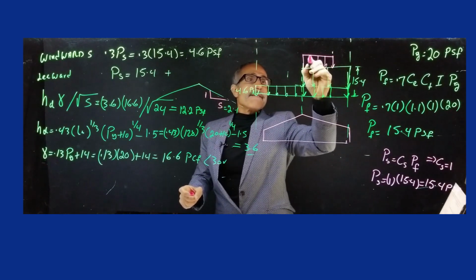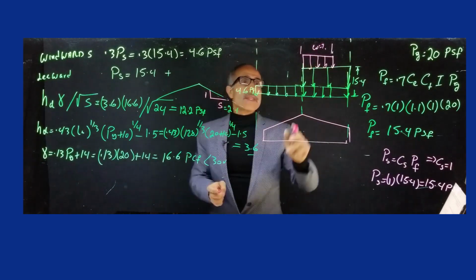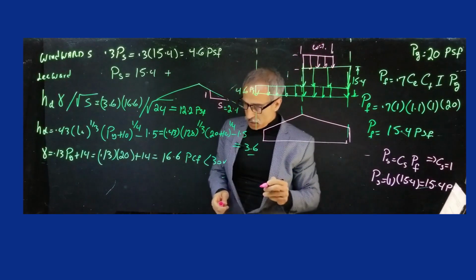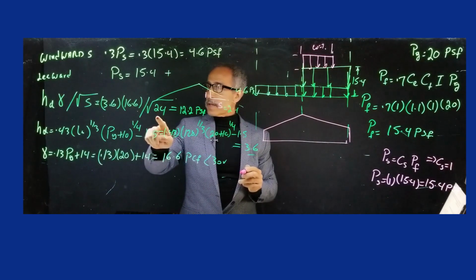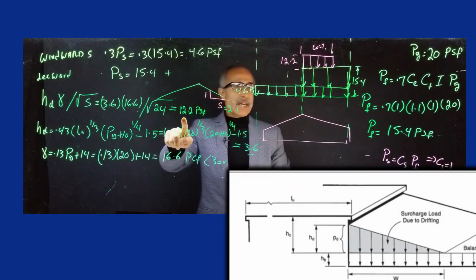I want to know what this width is right now, which I don't know. And the magnitude we found for this came out to be 12.2. So that's 12.2 right there, and that's on top of that.